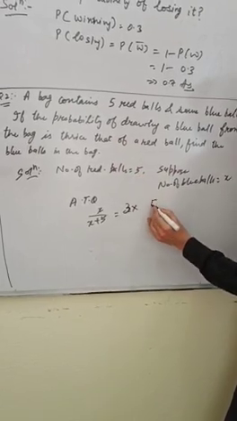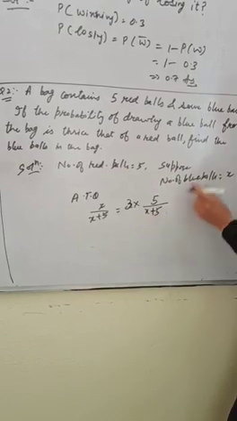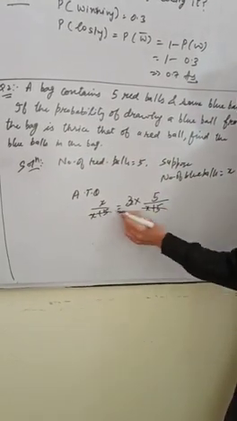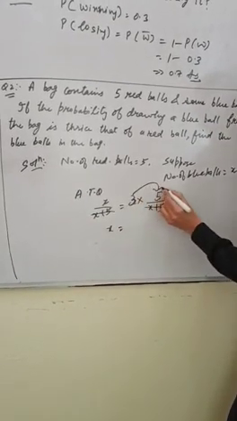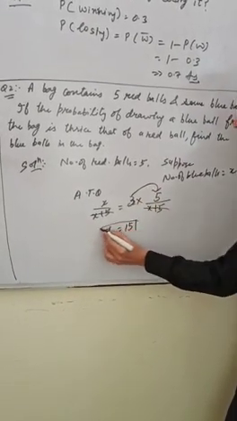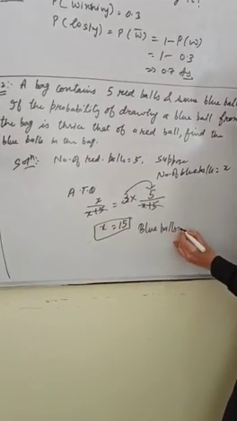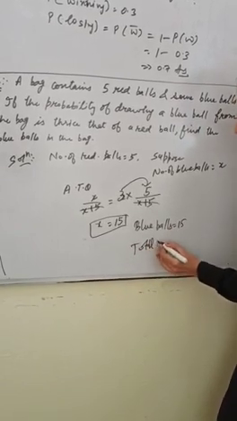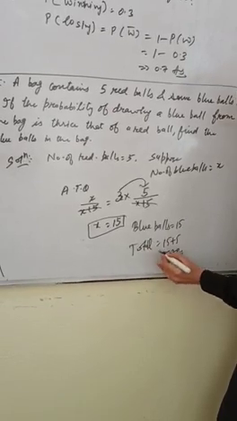Red ball probability is 5 upon x plus 5. According to the condition, now they are saying find out the blue balls in the bag. So the x plus 5 in the denominators are cut off. So x is equal to 3 times 5, which makes 15. So the blue balls are 15. Total balls we can also write: 15 plus 5 is equal to 20 balls.